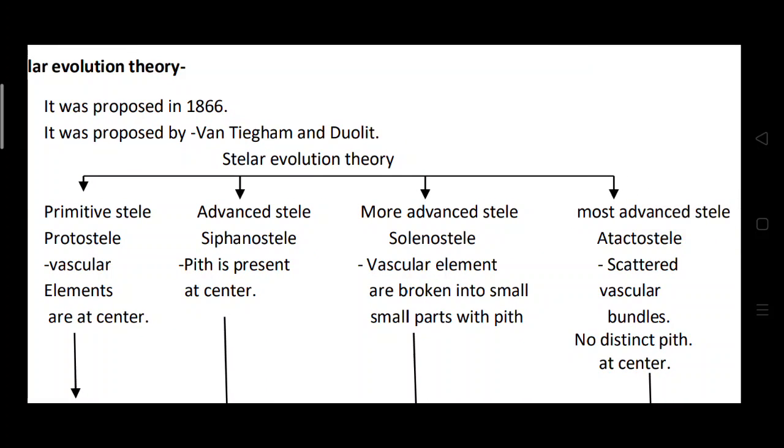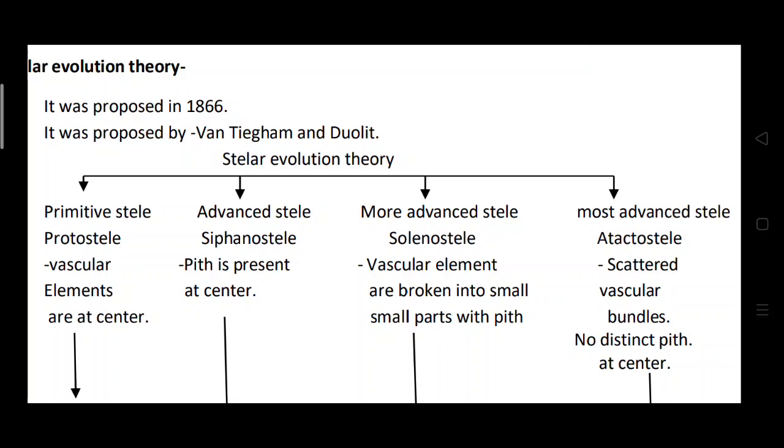The first type is the primitive stele, also called protostele, in which the vascular elements are present at the center. Clear? Then the second group is the advanced stele, also called siphonostele.